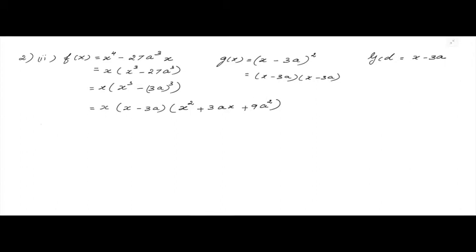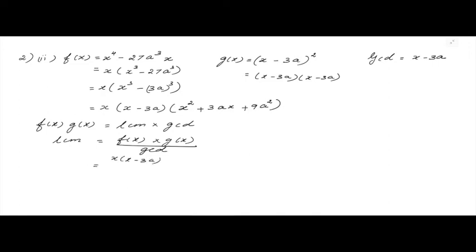So what's the formula? f of x into g of x is equal to LCM into GCD, and we have to find LCM. So it is f of x into g of x by GCD. And what is your f of x? It is x into x minus 3a into x square plus 3ax plus 9a square into x minus 3a, and your GCD is x minus 3a. Am I right?